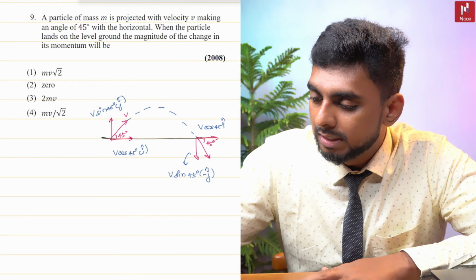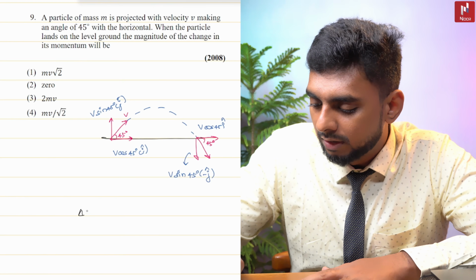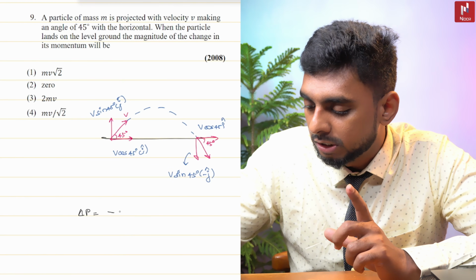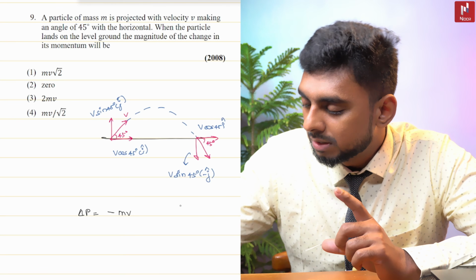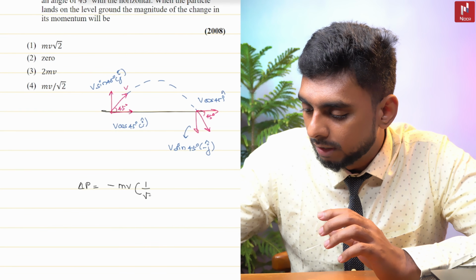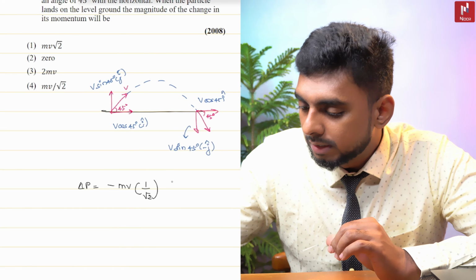So the final change in momentum, I'll just put it straight away. You'll have change in momentum, which will be negative momentum, therefore I'll have to multiply mass to it: minus mv sine 45 degree, which is 1 by root 2, so that will be 1 by root 2, and then j cap.